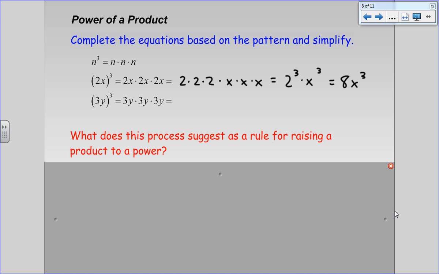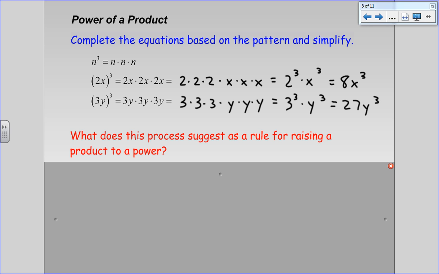In the same way, if we look at our third equation, the quantity 3y cubed is 3y times 3y times 3y, and we could reorder those factors. And then using exponential notation, we would have 3 cubed times y cubed, or 27y cubed.